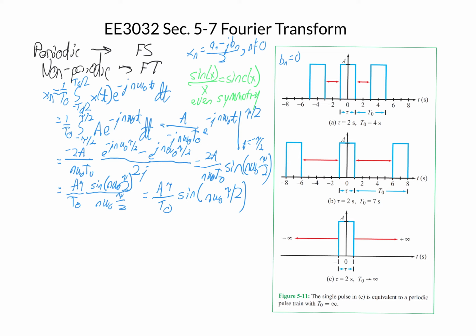So if we look at the limit of this function, one of the ways you could do that is you could take the Taylor series of sine of x, which has no DC offset. It has an intercept of 0, and it has a slope of 1 at the origin. So the first term in the Taylor series is just x, and then there are higher order terms.